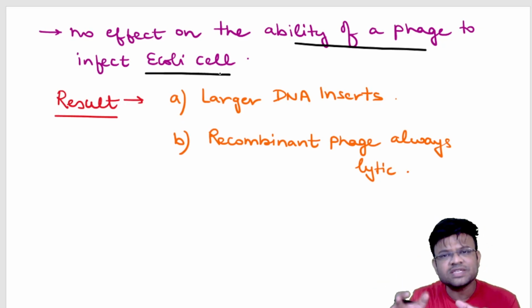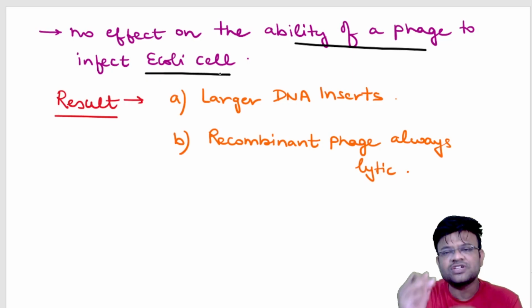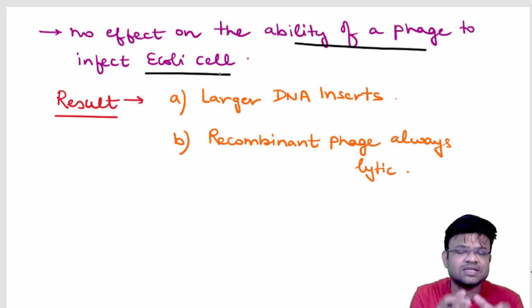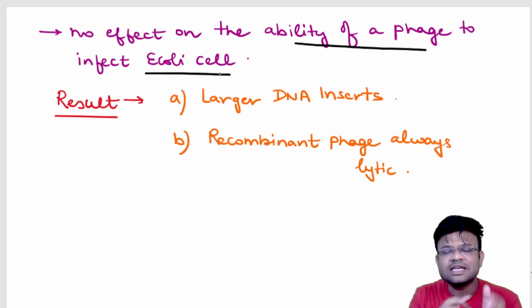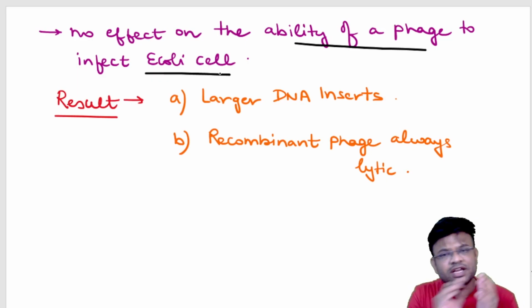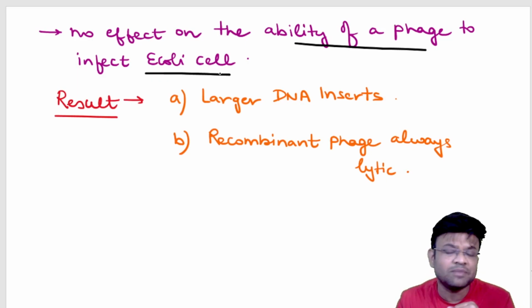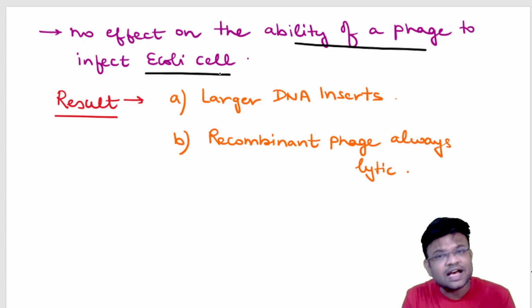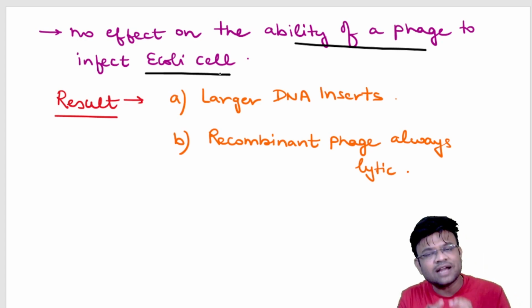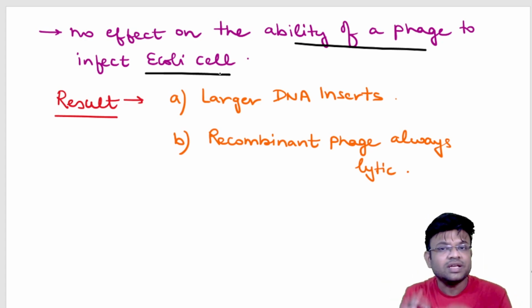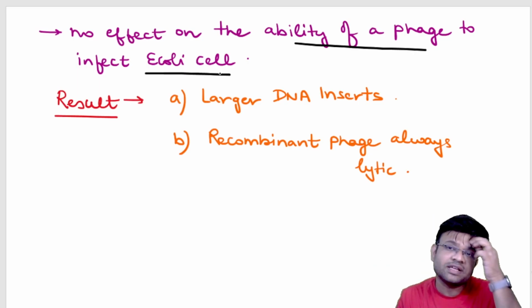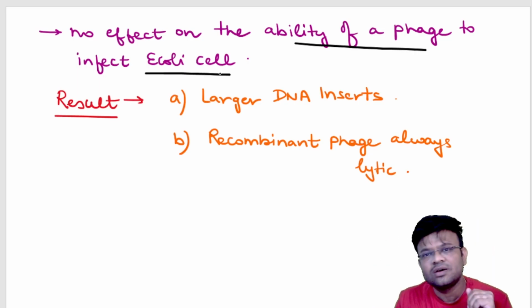Definitely, this is always kept in mind, that whatever modifications we are doing inside the virus genome, it does not hinder its ability to cause infection inside the E. coli, because that is the primary step that has to be taken up. Only then our gene of interest will be reaching inside the bacteria.